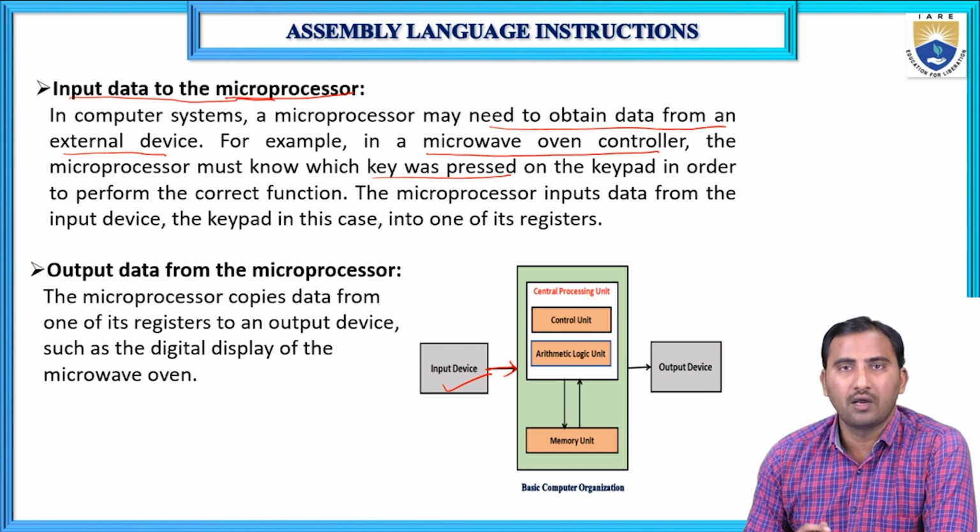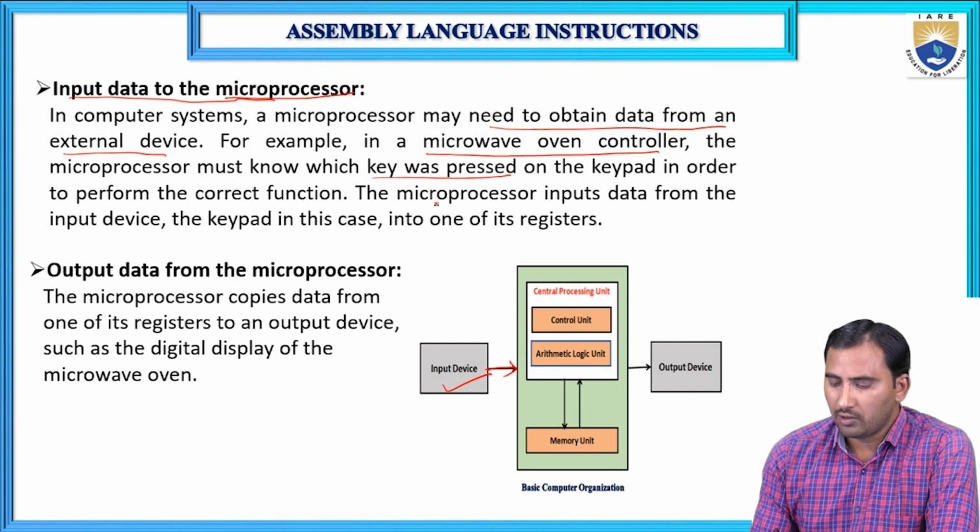What type of dish we are going to heat, and at what temperature it should be cooked, we should interact with the microwave oven like that. For that purpose, the keypad is given. The microprocessor inside the microwave oven should know which key was pressed.